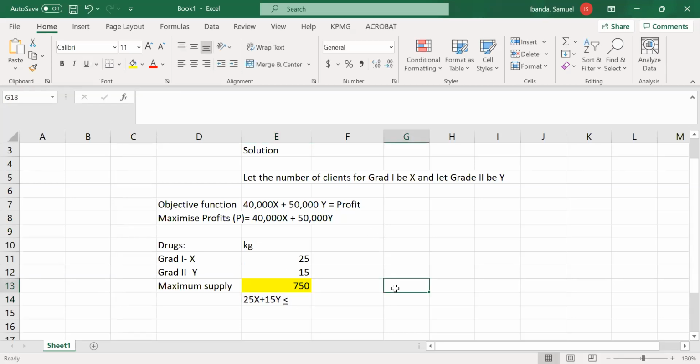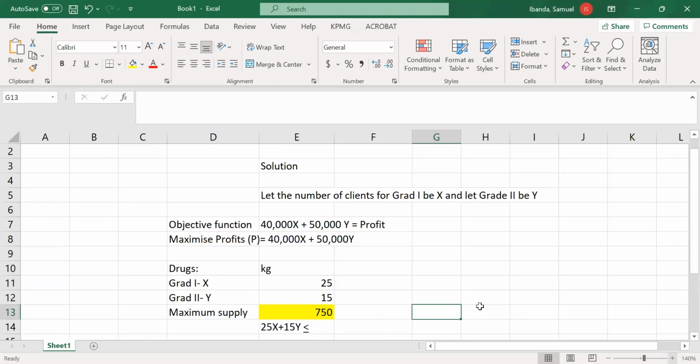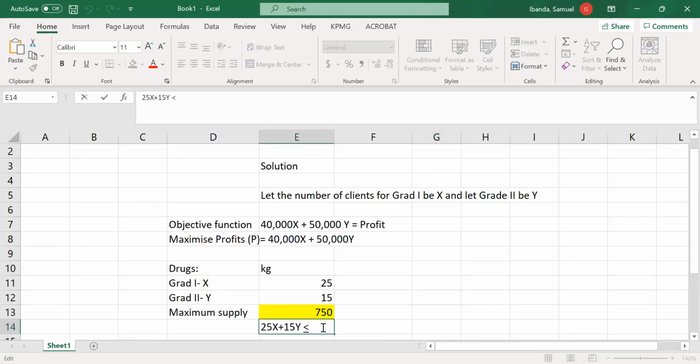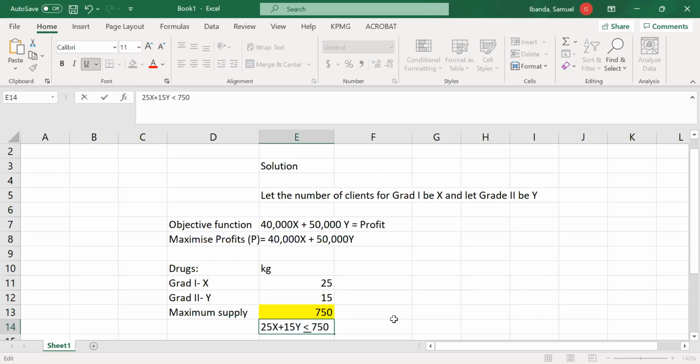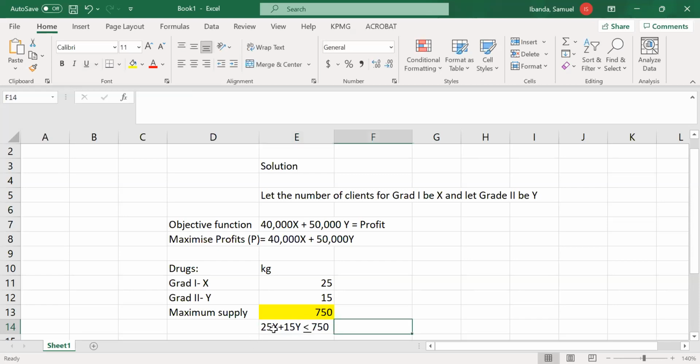So less or equal to 750. So that's how my equation will be: 25x plus 15y less or equal to 750, because we must not exceed this.